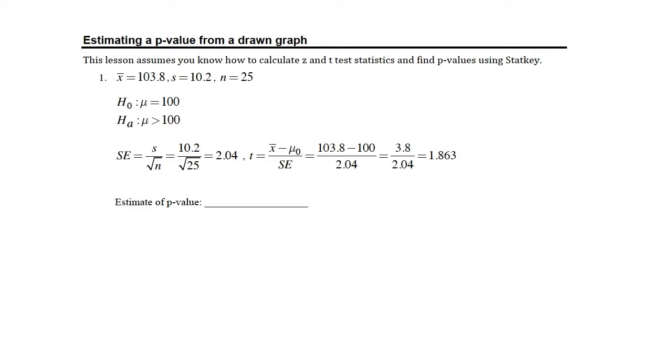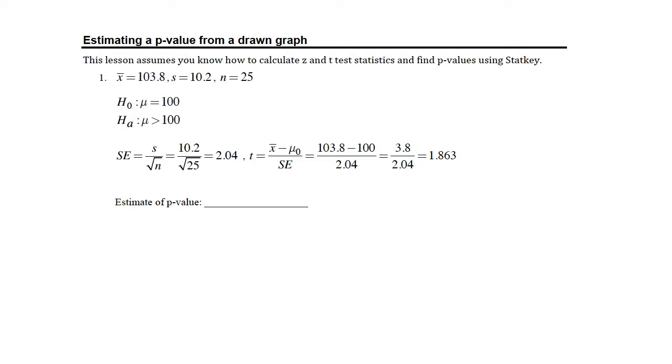Let's go through the process of finding a p-value using StatKey and then how we can simulate that process without StatKey. In this example, we're looking at a hypothesis test for a mean, which we can tell by the fact that we are given a sample statistic called x bar, and that our hypotheses are in terms of mu.